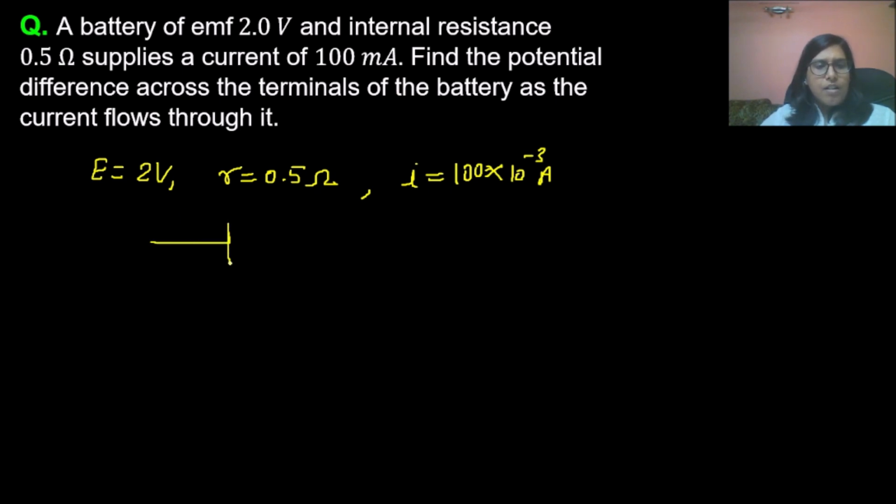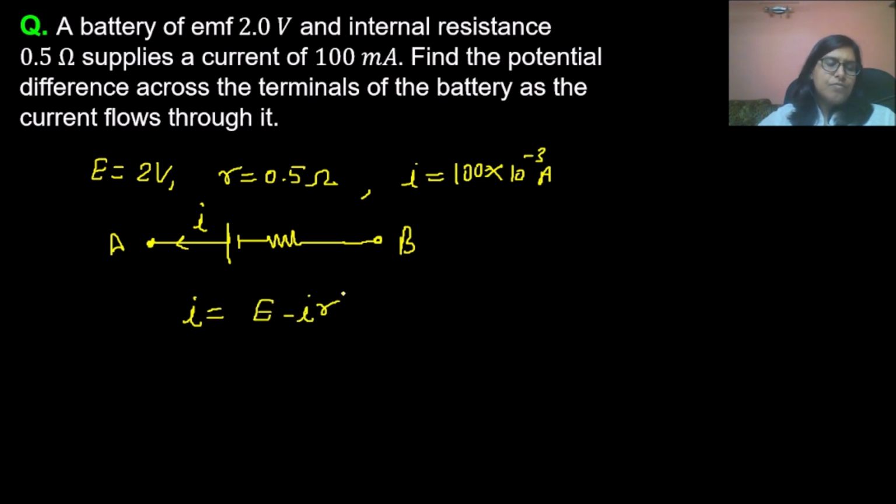So this is the battery, and suppose current is I. We have to find the potential difference.